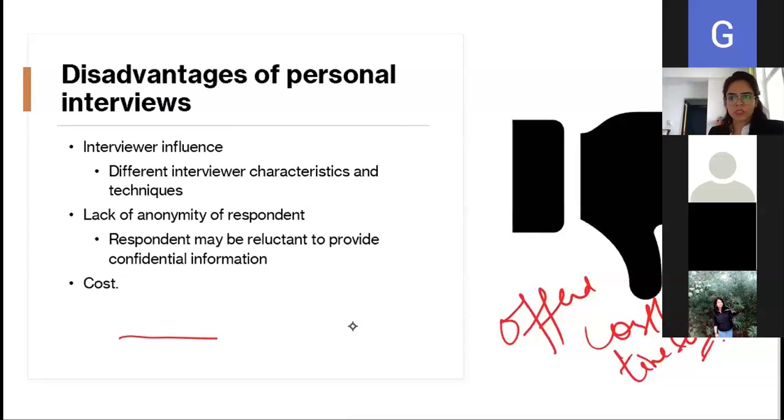The interviewer is not asking which of the following brands you like. He's saying, you like this brand Bata, right? That is a leading question. You are just filling up the responses in the respondent's form. That is not the right way of asking a question, so respondent bias gets created. These are the disadvantages. This is called interviewer influence.